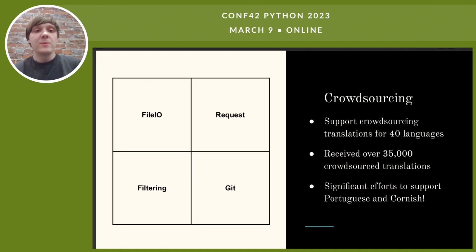And then we actually do some filtering to verify that the crowdsourced data meets some basic quality standards. And then we actually use Git to record what changes have been made and to have a sort of checkpoint we can come back to, to see how the data changed at that point in time.